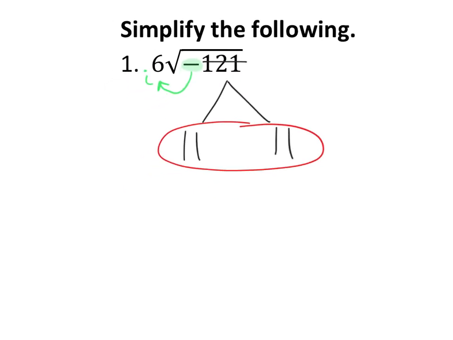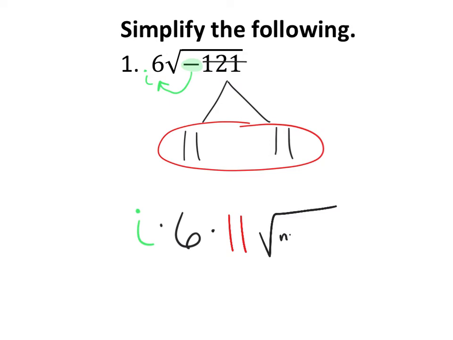I had the I in the front. I had a 6 from the original problem. Like, you see how there was already a 6 up there? I can't let that go away. I took out the number 11. Was there anything left inside the little house, the square root radical sign? Like, is there any number that I underlined?